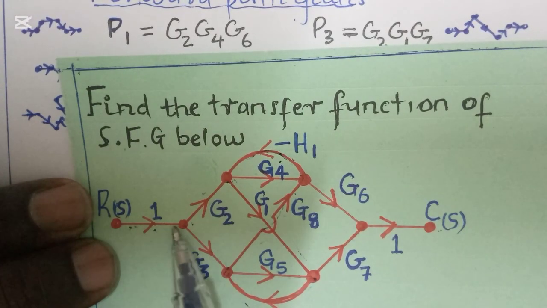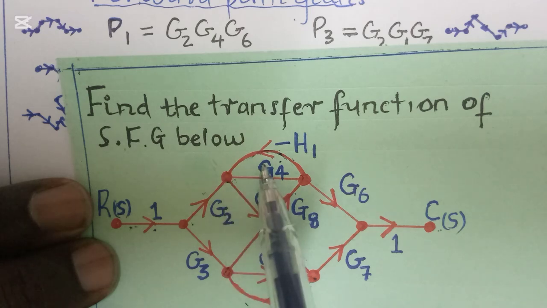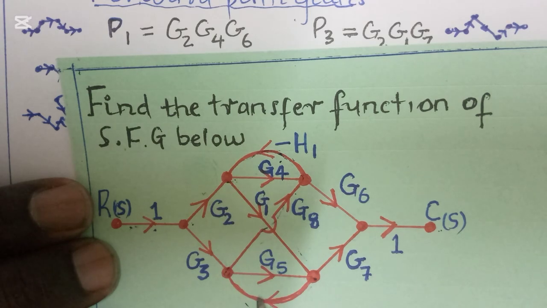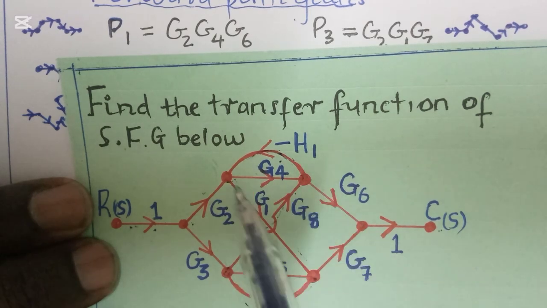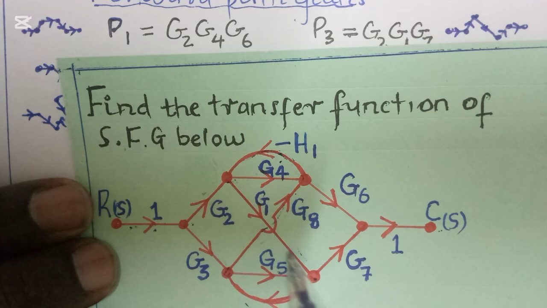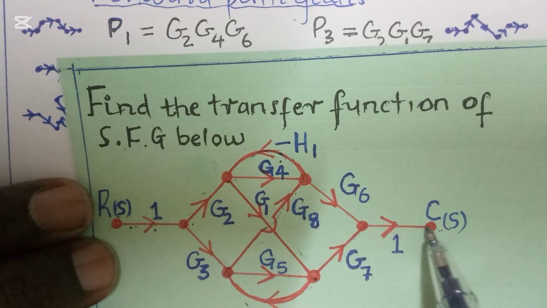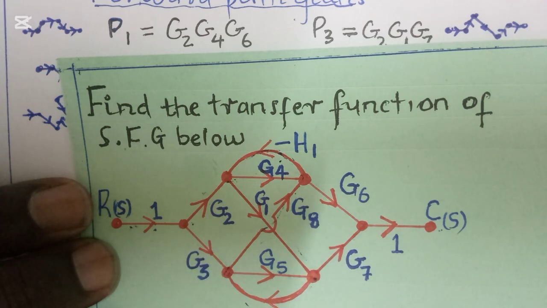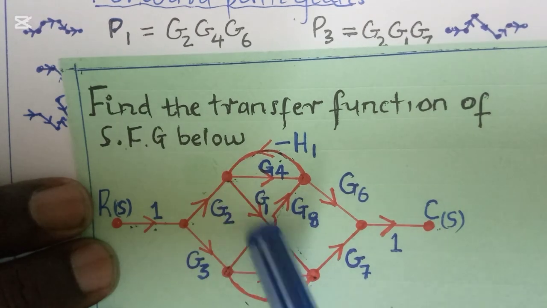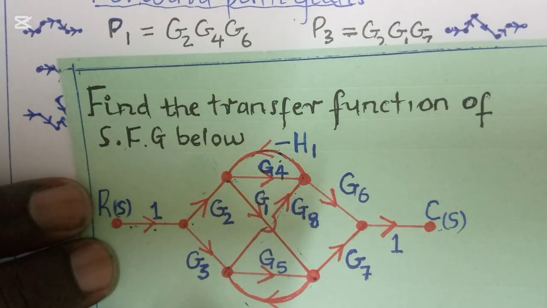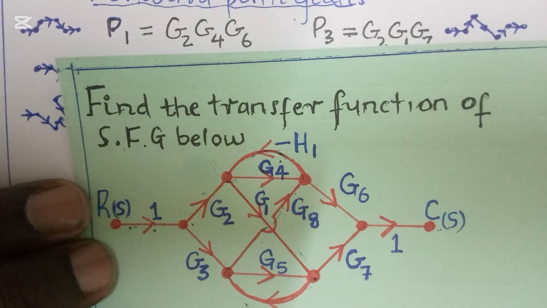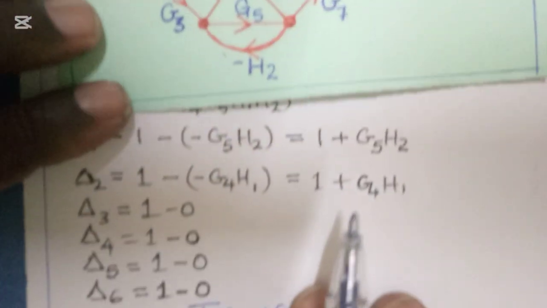So as we move like this, guys, you can see we are touching that loop. We are also touching this other loop we had formed. And when we now move down, we are also touching that loop. And then we go out. Meaning that, guys, if we were to remove this path, we will not have any loop remaining. And so we shall have 1 minus 0. As it is written here.